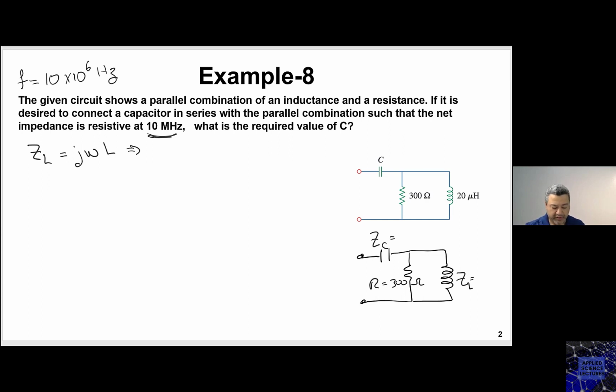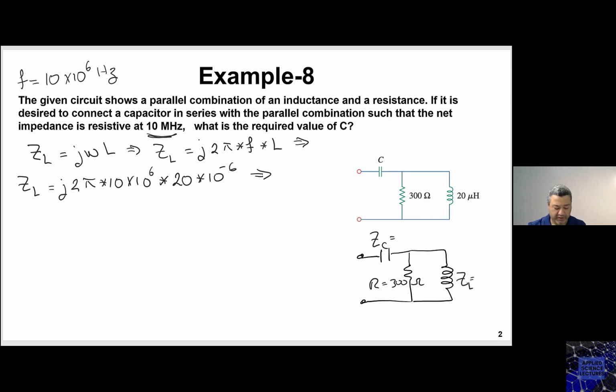So omega here is 2 pi F, and ZL is j 2 pi times 10 to the power 6 times L. L is 20 microhenry.